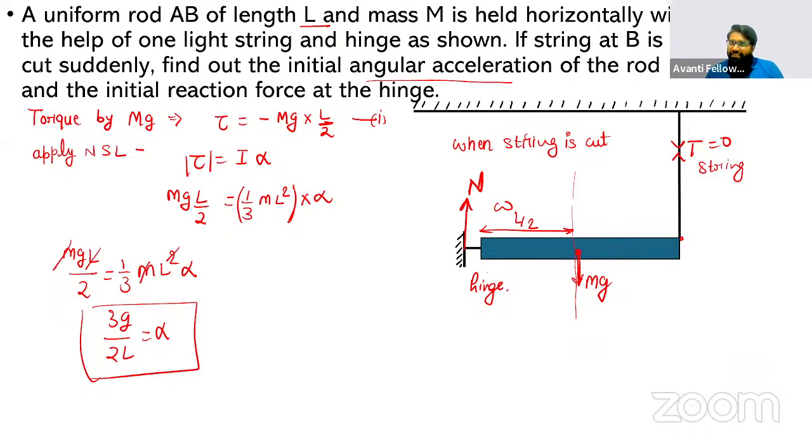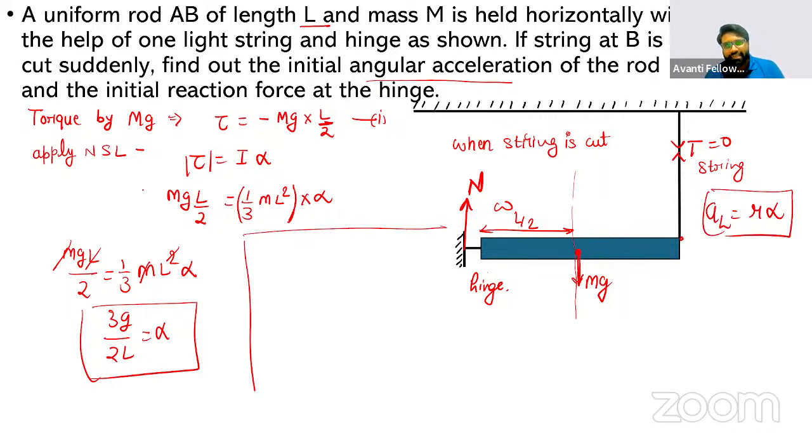So it must have a linear acceleration also, because we know that a linear is nothing but r into alpha. So we can apply Newton's second law for linear motion also. But for that you need to consider all the mass at the center of mass. So for that you have to take the acceleration of the center of mass.